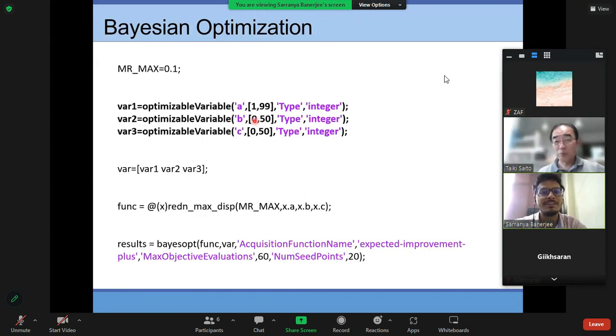Now what should be the ranges? The mass ratio range is okay, as we are giving the mass ratio in terms of the maximum mass ratio. But what should be the range of damping ratio? I was not sure, so I checked the different literature on optimum damping ratios of TMDs.